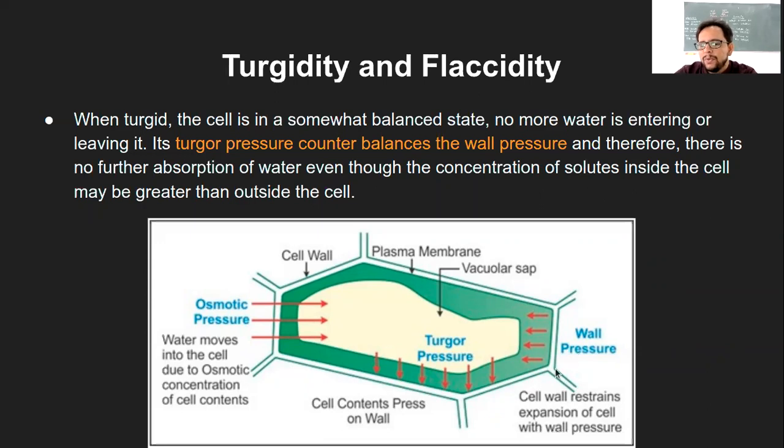And let's say if you add more salt concentration outside the cell, in that case the water will still not move outside, or if you somehow increase the solute concentration inside the cell, in that case also there will be no net water movement at the end, because the turgor pressure and the wall pressure are balancing this turgid state of the cell.